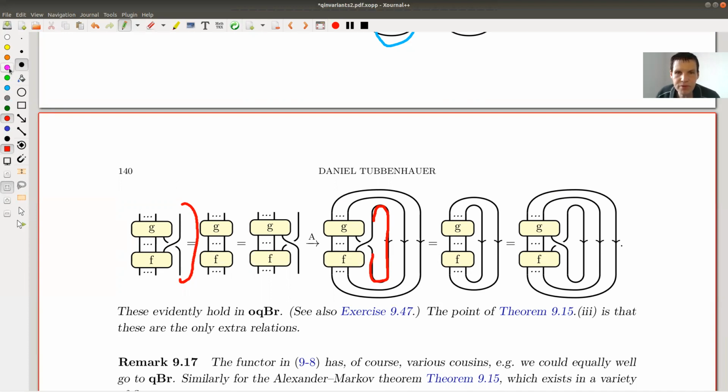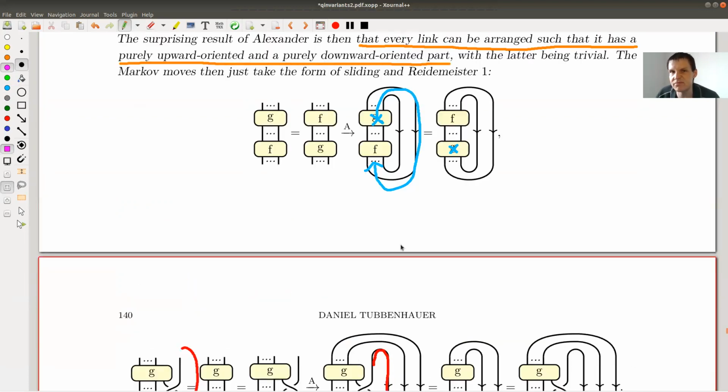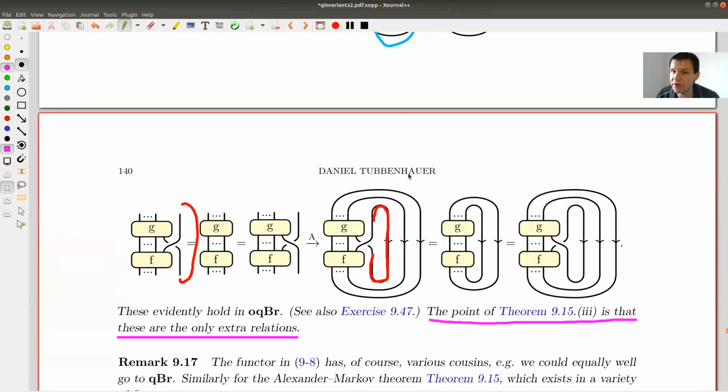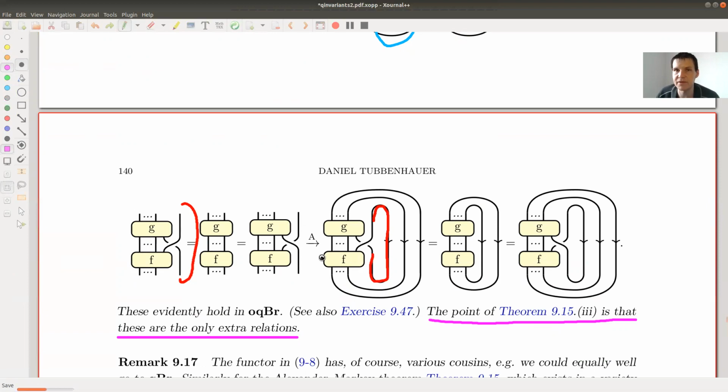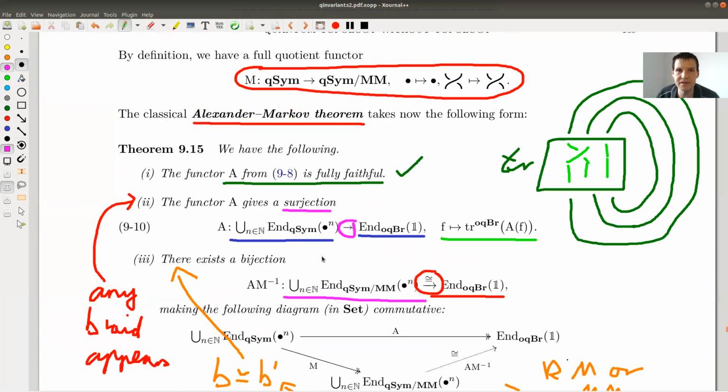And the real point, the real meat, is that these are the only relations you ever need. Of course, they hold. That's easy to see. I just illustrated them. But the point is, these are the only relations that we will ever need in this framework, and that's a really strong statement. So that's why it's called the Alexander-Markov theorem.